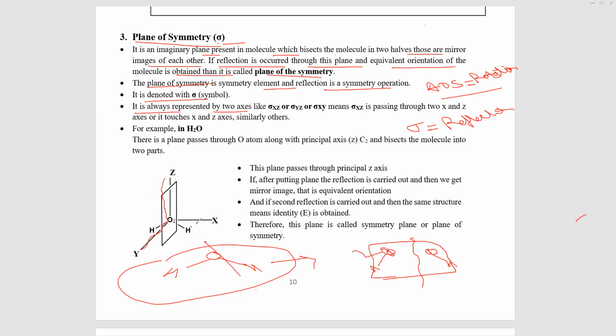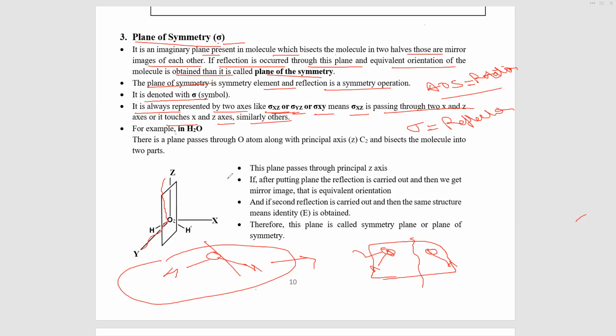So a plane is always represented by two coordinates or two axes. For example, sigma xz, sigma yz, sigma xy. It means sigma xz is passing through the x and z axes, or it touches the x and z axes. Similarly, the others. So if we talk about sigma xz, it means this plane passes through the x and z directions, or it touches the x and z axes.